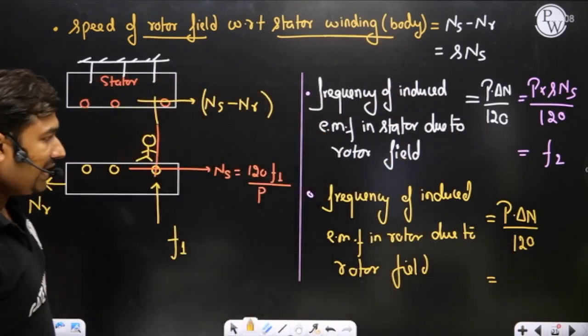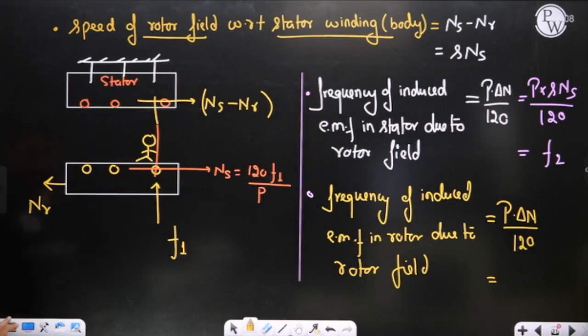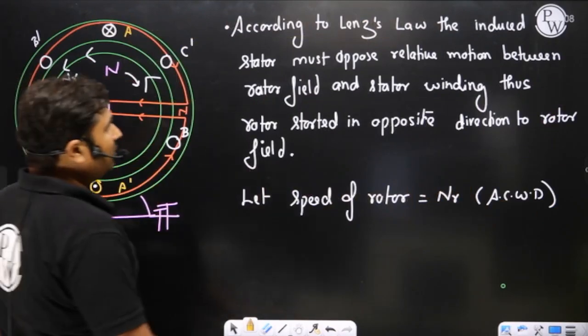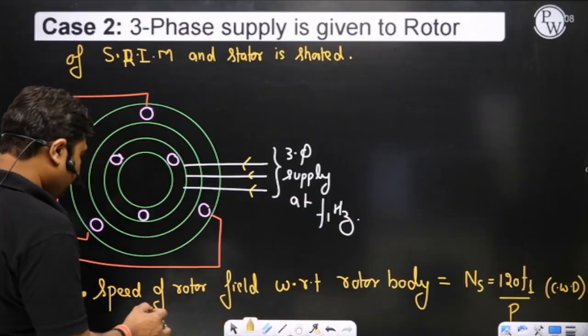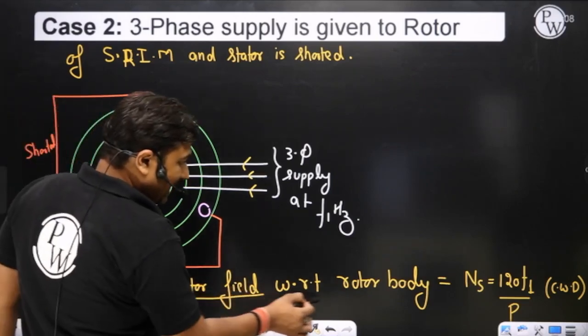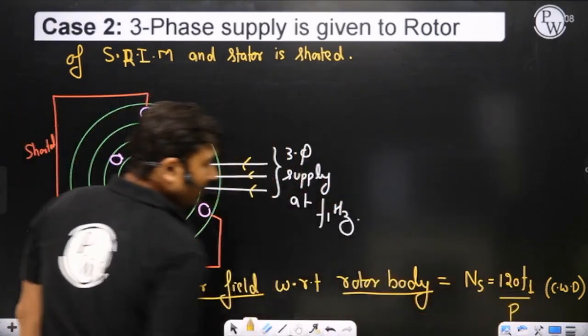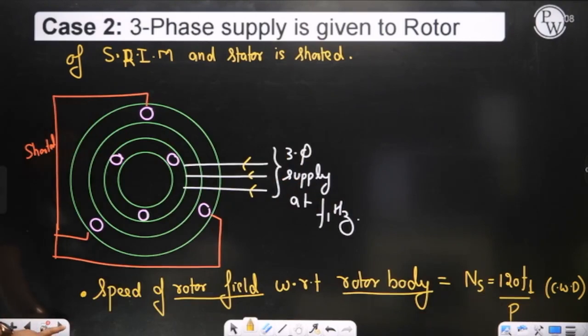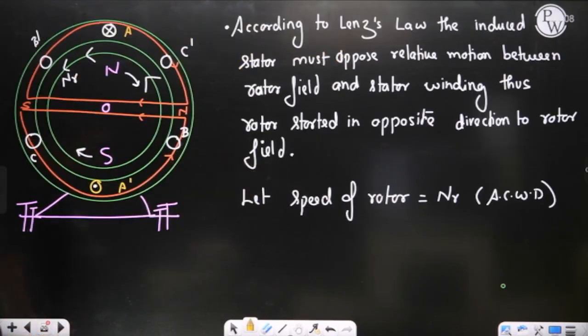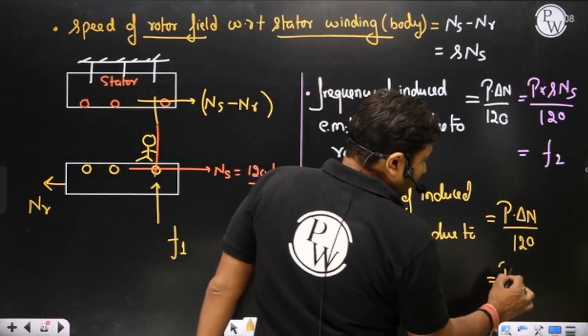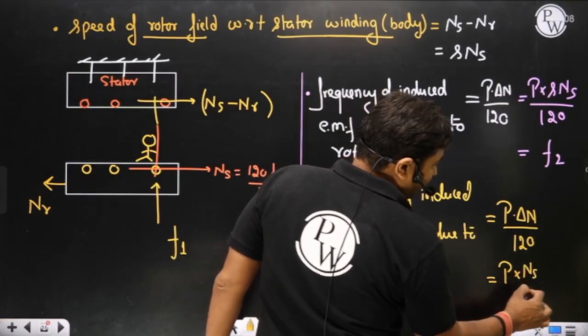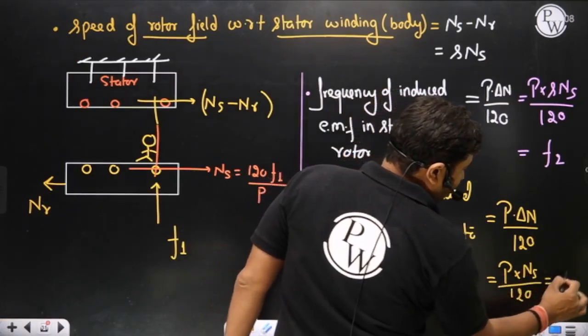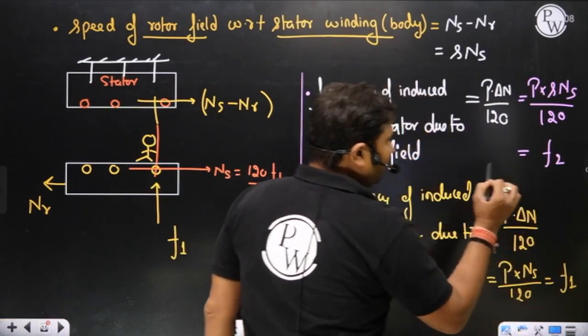Which field and which winding? Rotor field and rotor winding. The relative speed between rotor field and rotor winding is Ns. So I can replace it here: P into Ns by 120. Let it be F1 only, because this is F1 only.